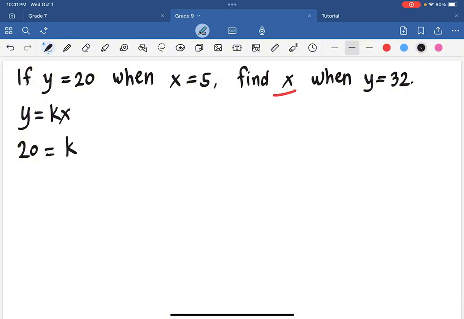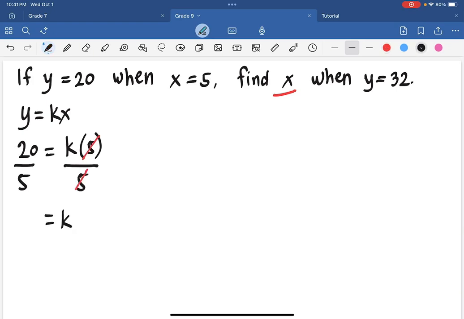equals k and 5. So like what we did earlier, all we need to do is to divide both sides by 5 because that is the coefficient of k. So 5 and 5. Now cancel 5 and 5. So we are left with k.